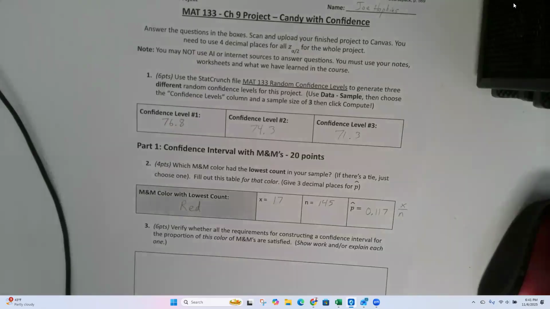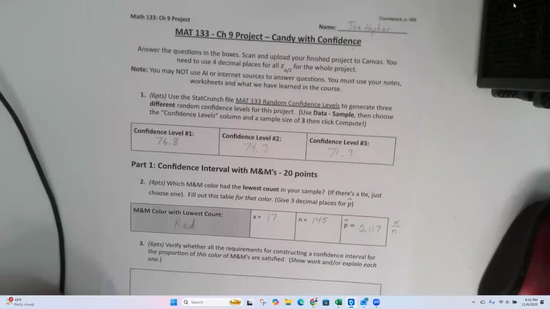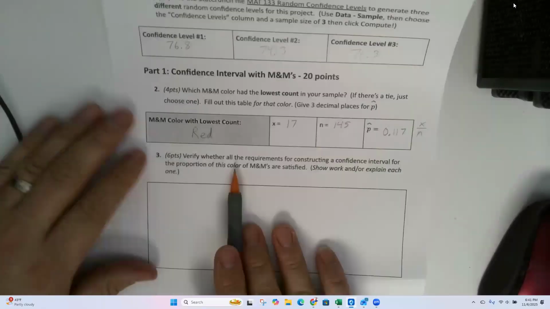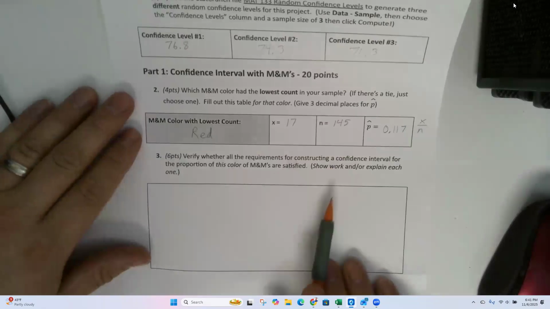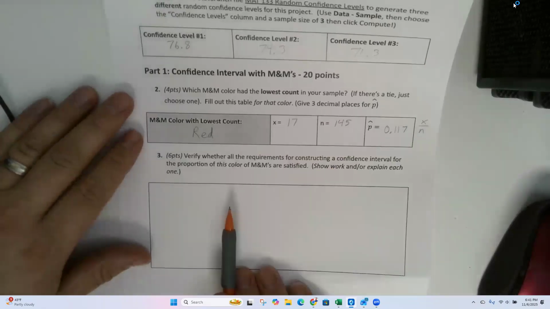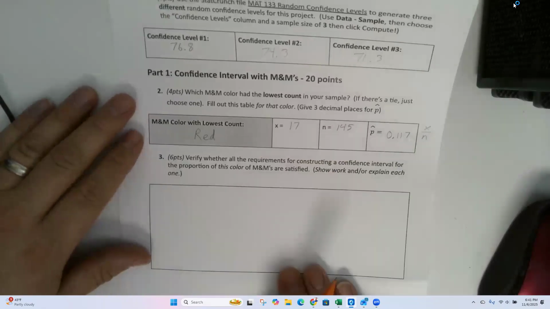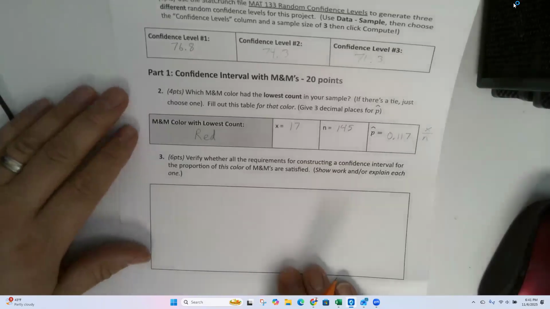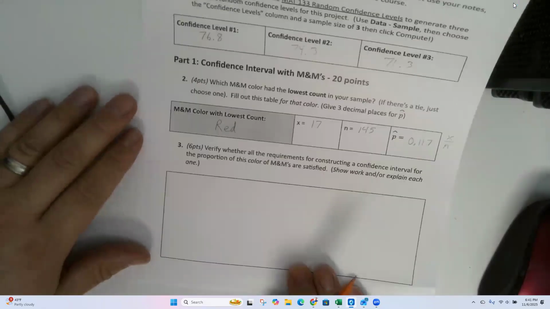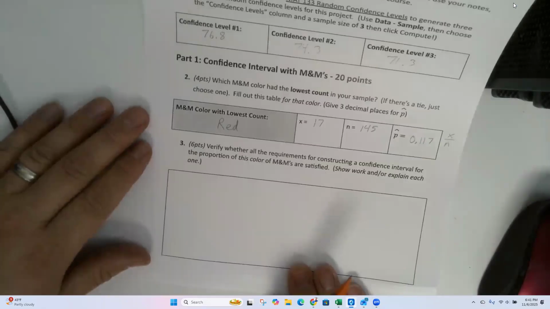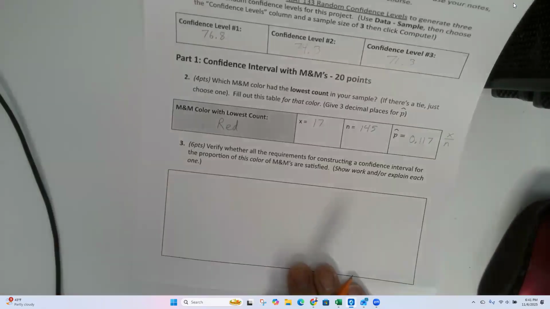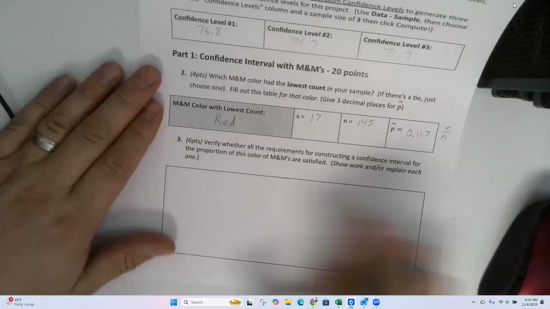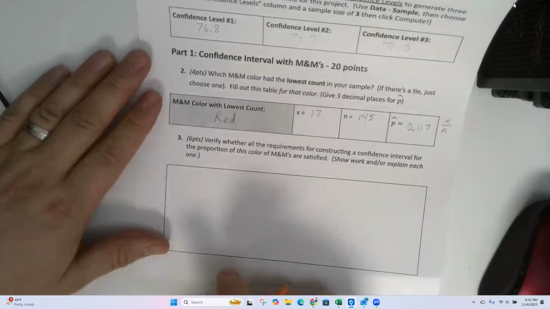All right. So to make a confidence interval, though, we have to satisfy three requirements. The requirements for constructing a confidence interval are the same requirements as the central limit theorem for proportions. The central limit theorem for proportions or the central limit theorem for means, that's what's going to give us the ability to use these superpowers to calculate all the kind of things that we're going to be doing in chapters 9, 10, and 11.